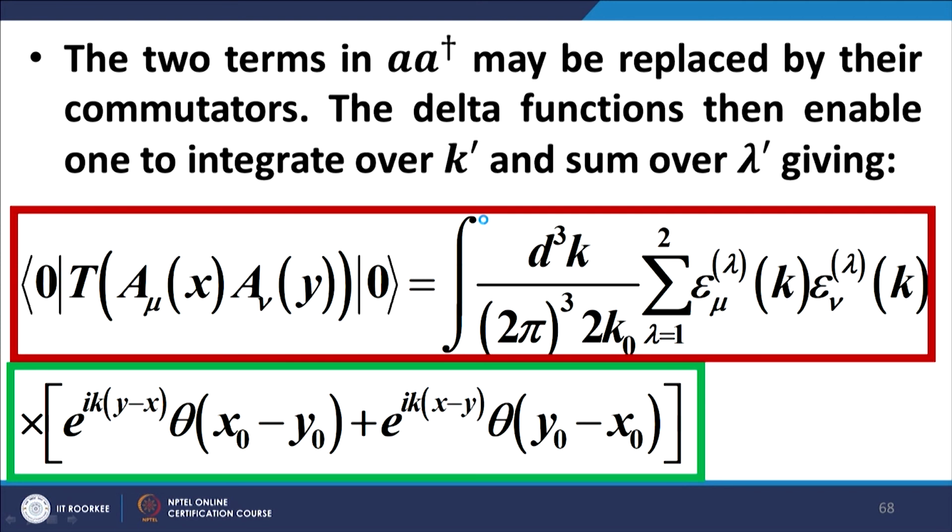So, there are a number of steps involved here. The terms involving A dagger, you replace them by the commutators, and replacing them by the commutators will involve introduction of delta functions, integrate over these delta functions, and then sum over lambda, and the expression that we get is the expression that is here in the slide.